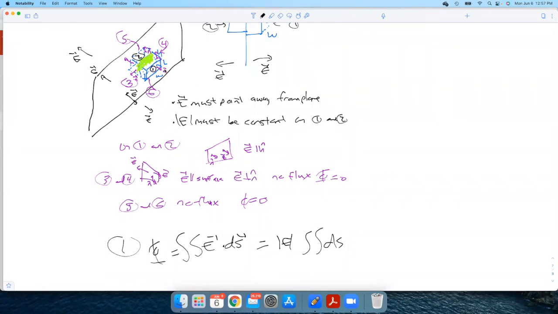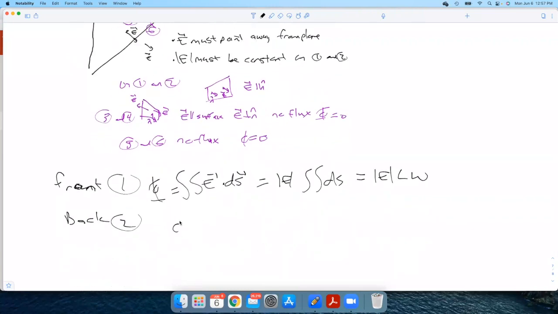So he's L by W. H plays no role there. And same with 2, the back. So the flux, for exactly the same reason, would be ELW. For the rest of them, it's all 0.